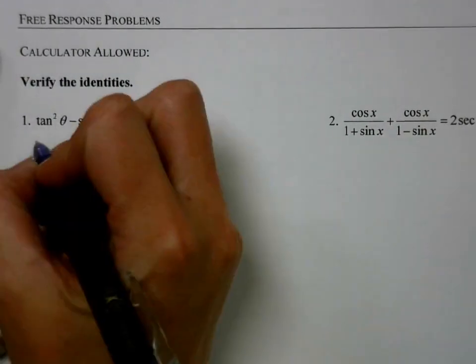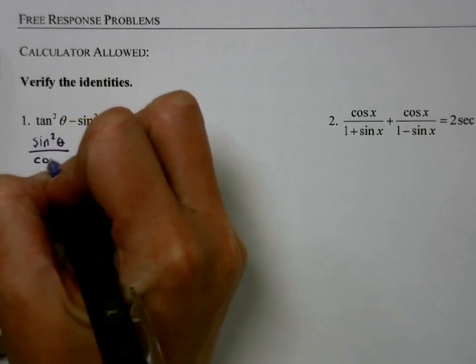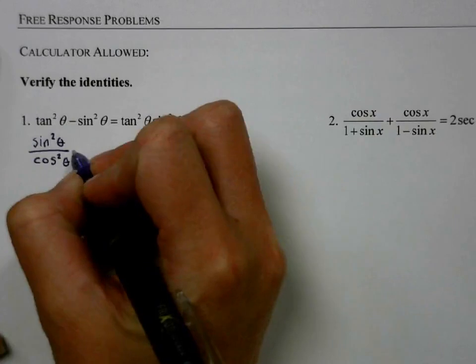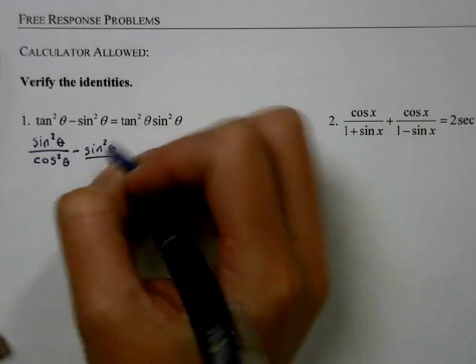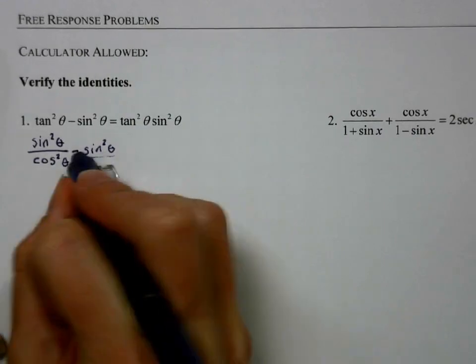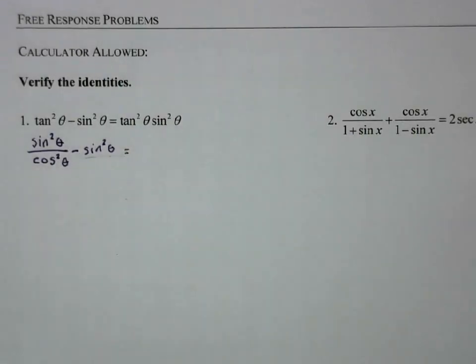So I'm going to change this tangent into sine squared theta over cosine squared theta. And that one's just sine still. Okay, next I want to get a common denominator.